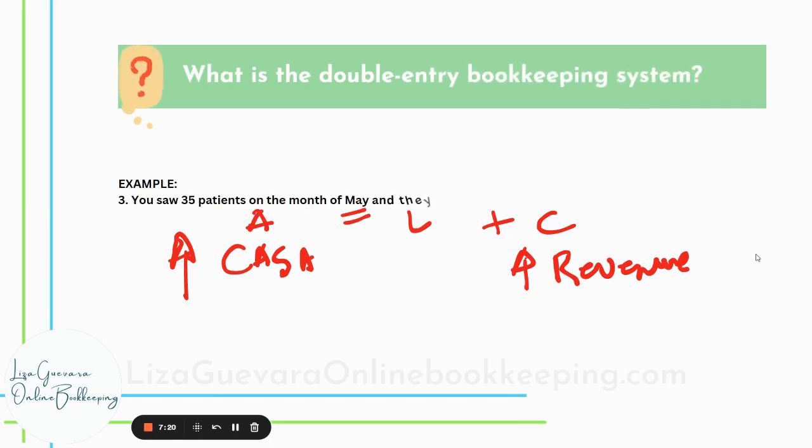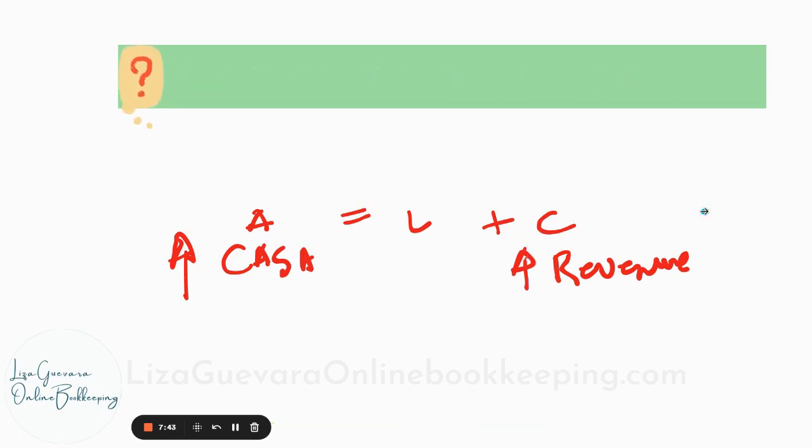Next example, in the month of May, you saw 35 patients and they paid you 52,500 in cash. Once you receive the cash, your assets will increase and your revenue, which is under capital, will also increase.